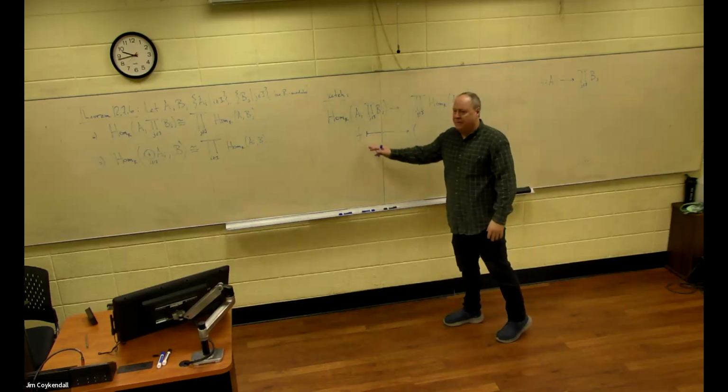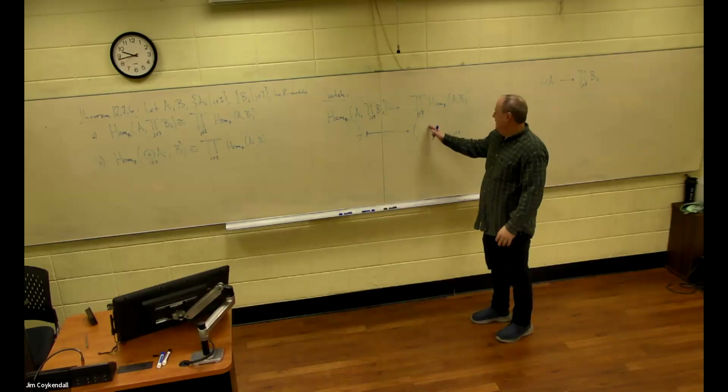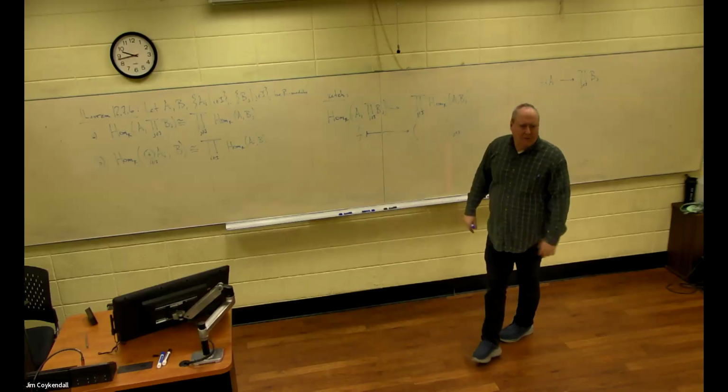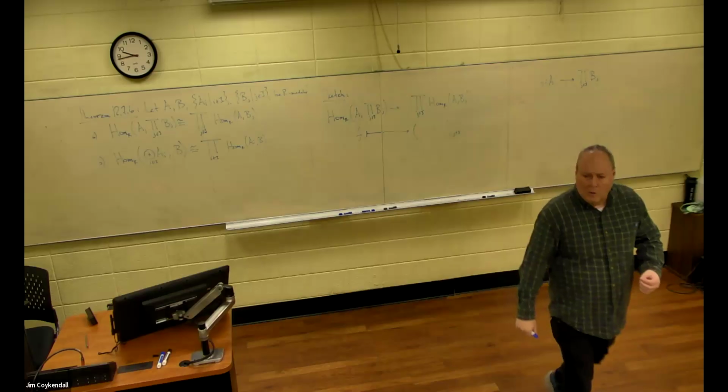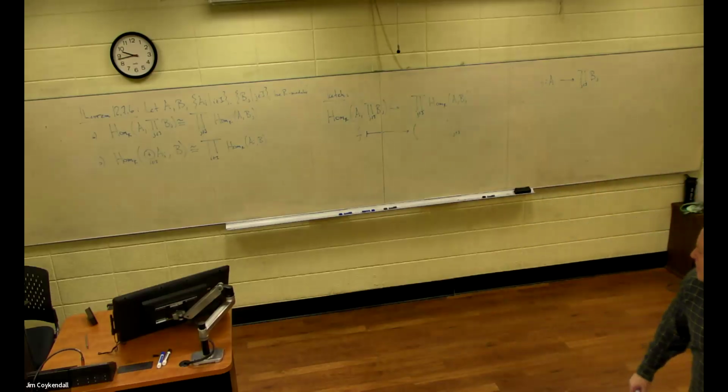So I want to turn this F nice and neat into a generalized sequence of Homs. F goes from A to the direct product, so I need to break it down into its little pieces.